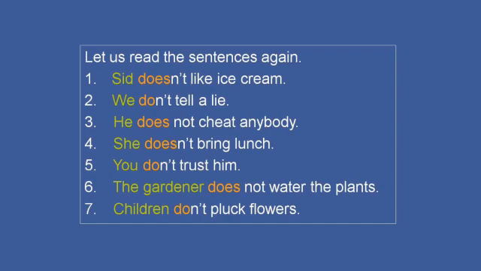Seventh, children don't pluck flowers. Here we can see the subject is a plural noun. So we use do with it. So students, we can see that in negative sentences in simple present tense, we use not with do and does.